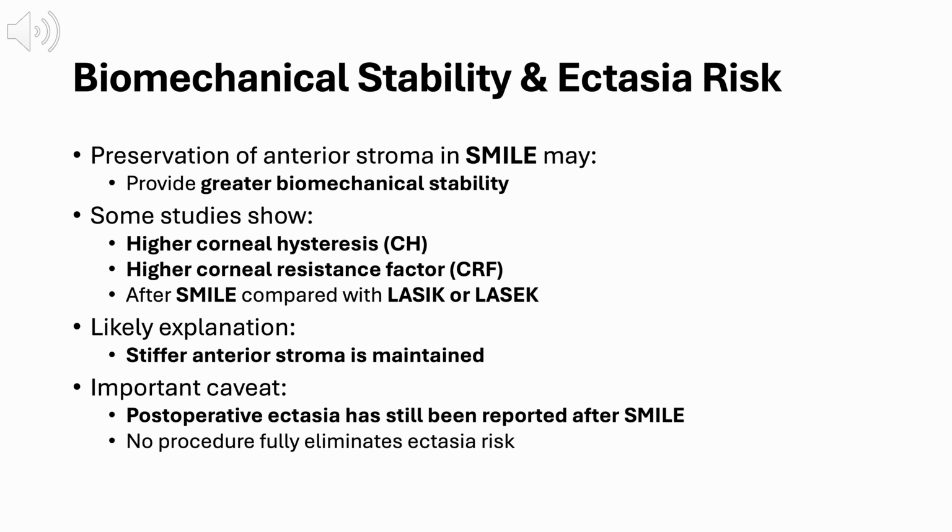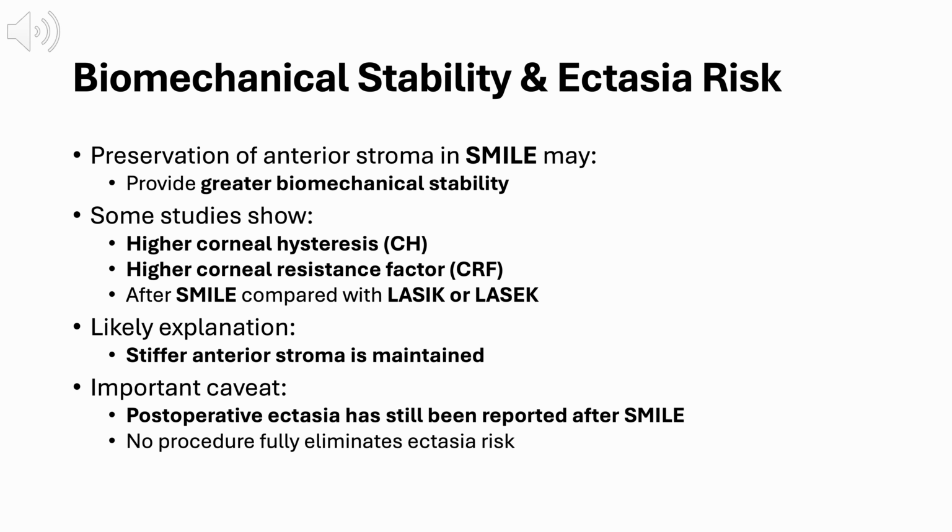This slide focuses on how biomechanical differences translate into stability and ectasia risk after refractive surgery. Because SMILE preserves more of the anterior stroma, it may provide greater biomechanical stability compared with flap-based procedures. The idea is that keeping the strongest stromal layers intact helps the cornea better resist long-term deformation.